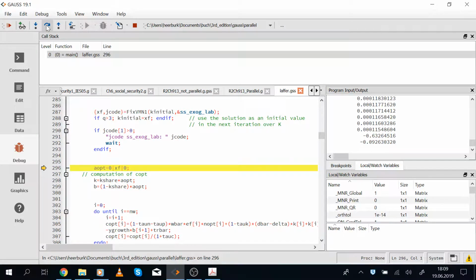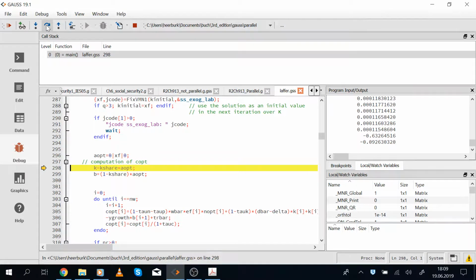Our solution is stored in the variable of the optimal assets, A opt, and we add 0 at the beginning and at the end, because people start with 0 capital supply assets and end with 0 assets at age 47, at the final period of their life.